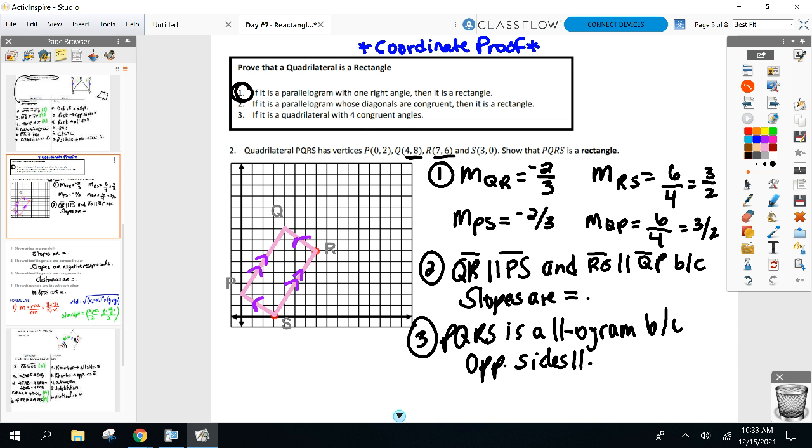All right, well, it didn't ask me about a parallelogram, right? It asked me about a rectangle. So now that we know it's a parallelogram, now we have to show there is one right angle somewhere.